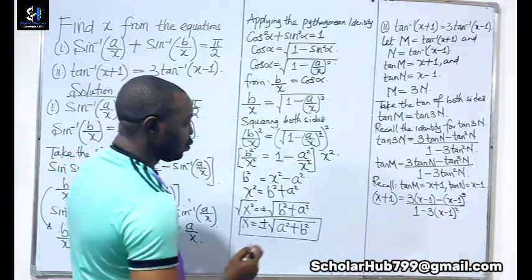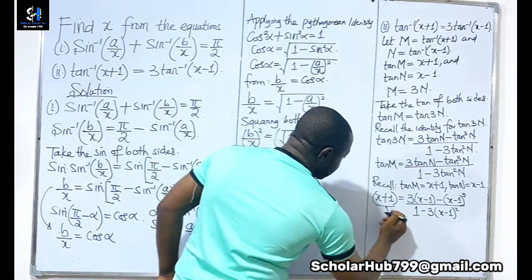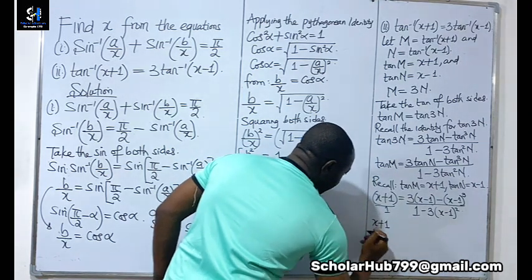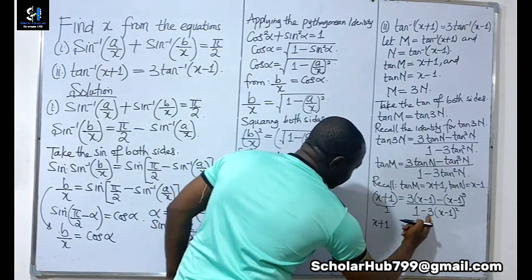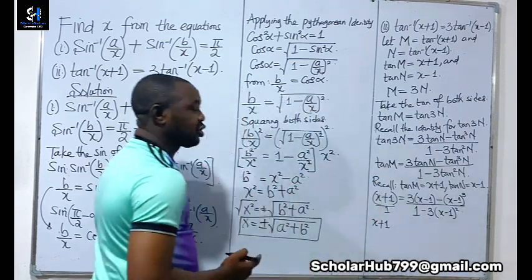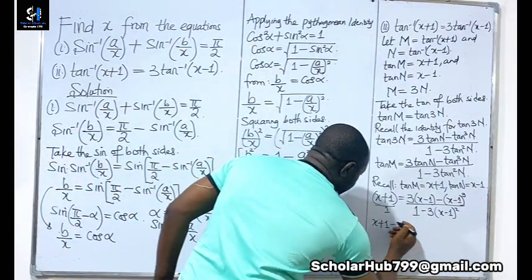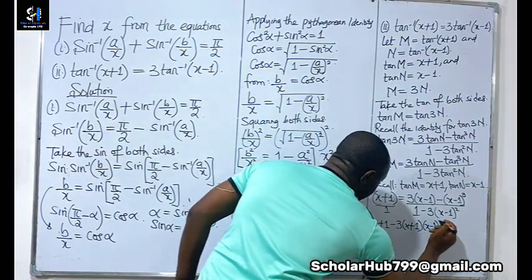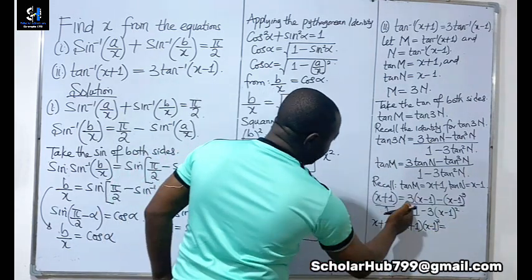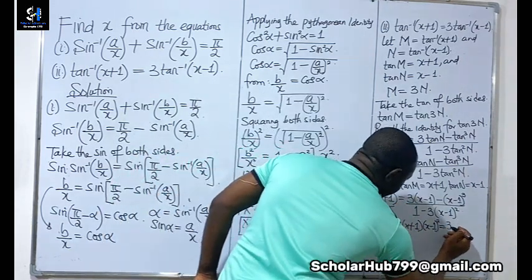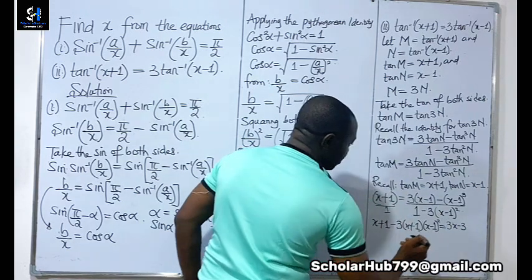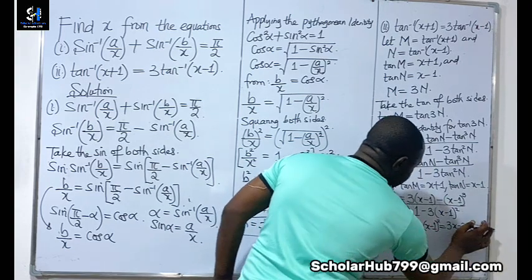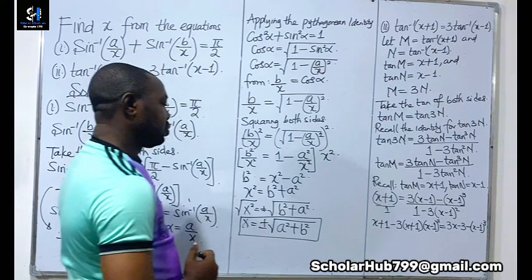If I multiply this, it will be x plus 1 times 1, x plus 1 multiplied by negative 3 parenthesis x minus 1 squared, then 1 multiplied by, if I open this, 3x minus 3, then minus x minus 1 cubed.